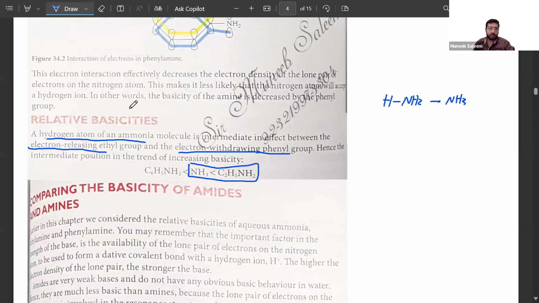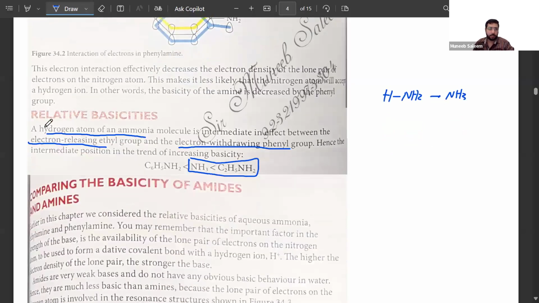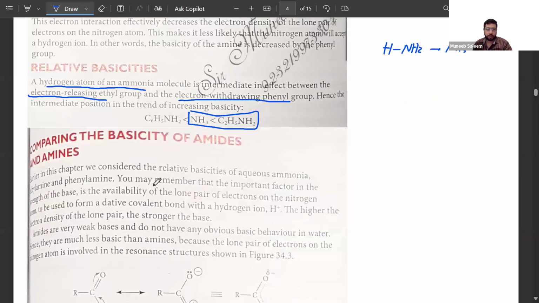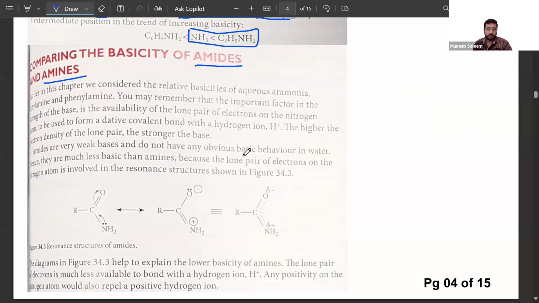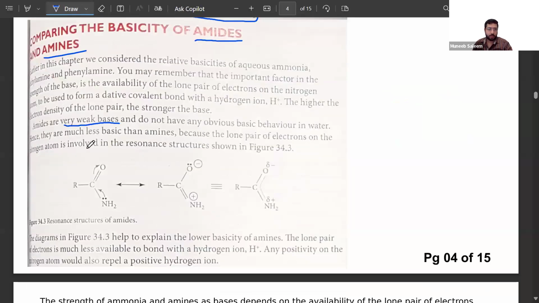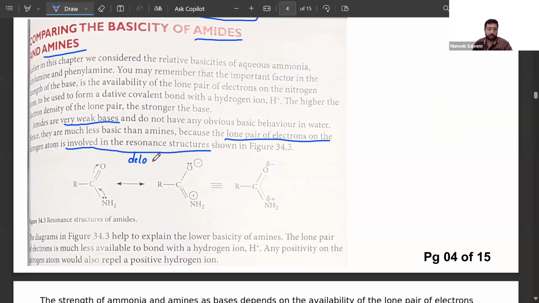Now the next part will be the basicity of amides versus amines. So here we will discuss how the amides are compared with the amine. Now, in the case of amides, amides are very weak bases. The reason is that the lone pair of electrons on the nitrogen atom is involved in the resonance structure or delocalization. Resonance means delocalization.